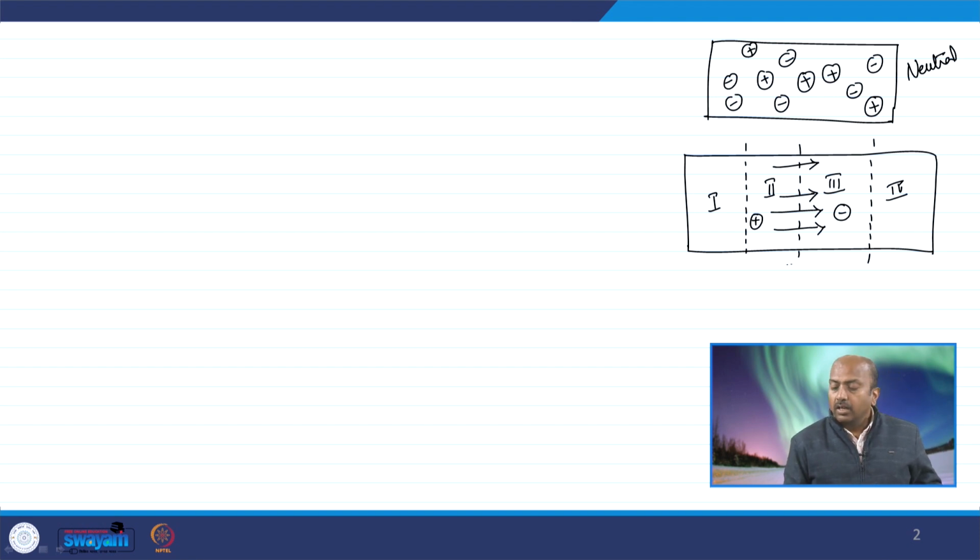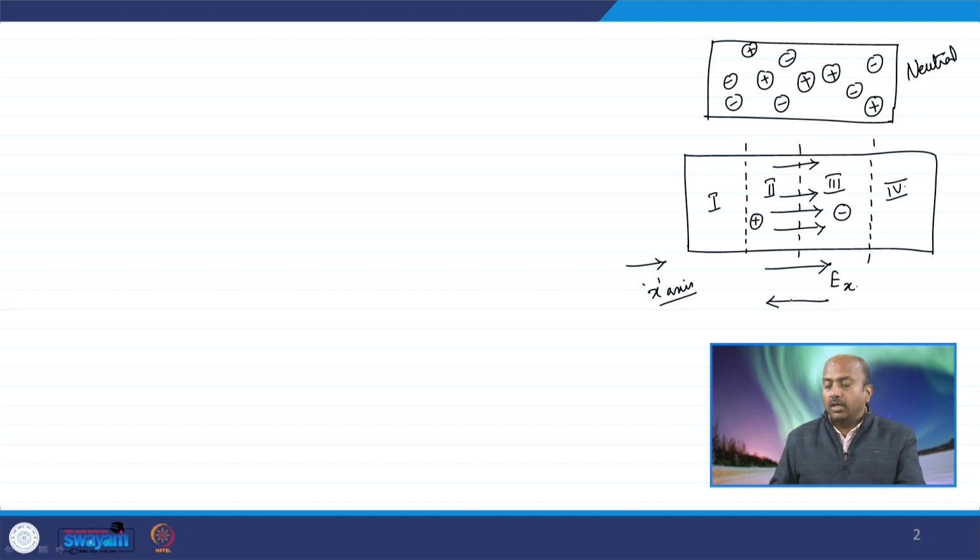Now, the electric field is set up in this direction, let us say Ex, because this is assumed to be the x axis. Region 4 is again electrically neutral, where no force has been applied. Now, the electrons will try to move opposite to the direction of the electric field.